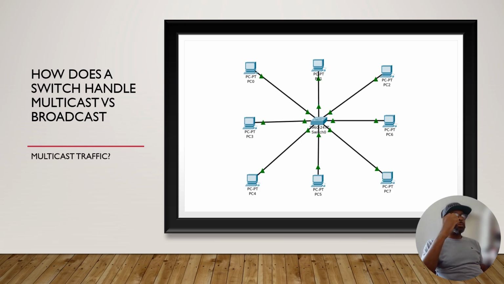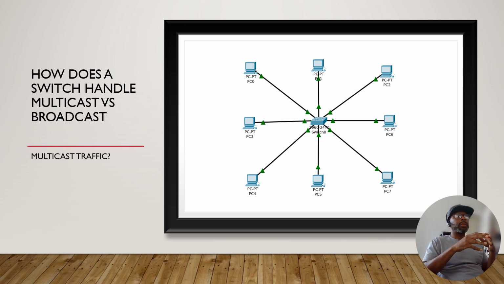How does a switch handle multicast traffic? Well, initially it does the same thing. It floods the traffic out of every port until it registers where the traffic is coming from, and then it essentially is going to document that source address in the MAC table.